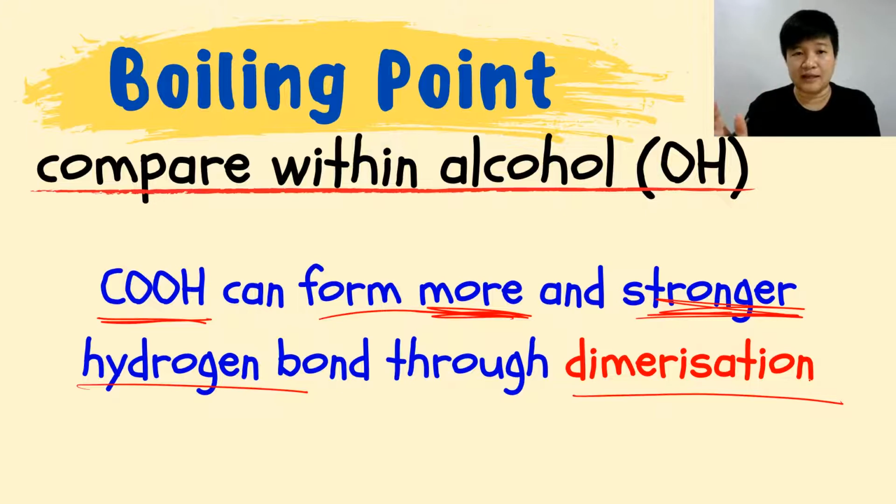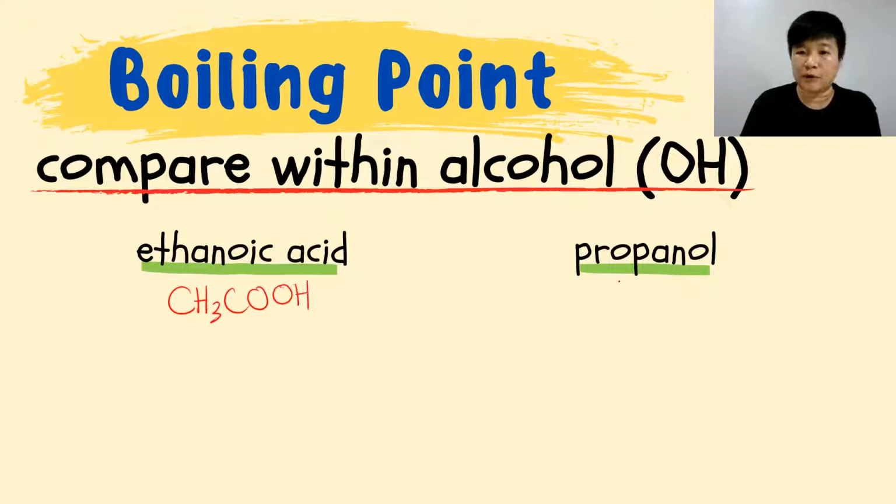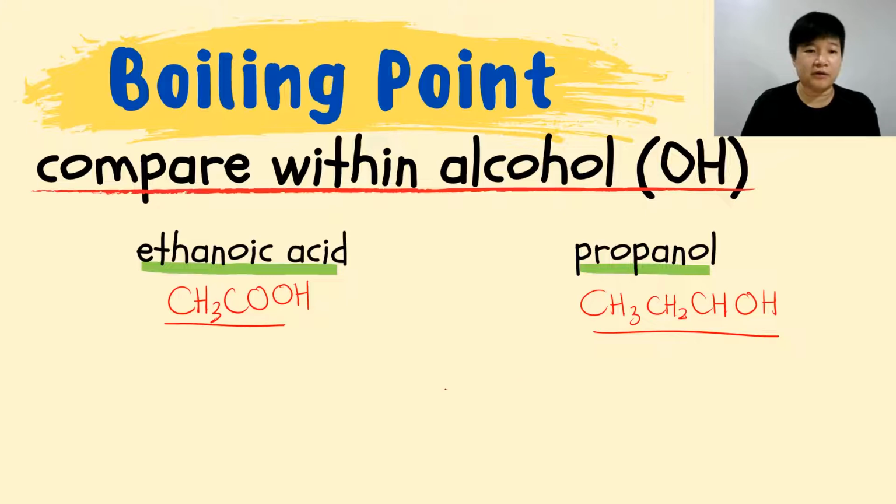So remember that. Next, let's look at some example over here. I have my presence of ethanoic acid and also propanol. My ethanoic acid is a 2-carbon carboxylic acid, while my propanol is a 3-carbon alcohol. So obviously, we'll talk about that. Which one have higher boiling point? Definitely your ethanoic acid. And your propanol definitely have a lower boiling point.